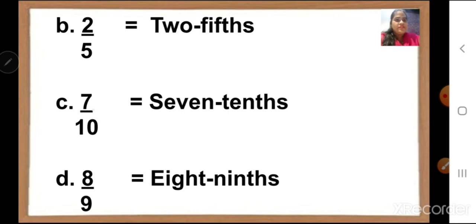Next is 7/10, because there are 10 equal parts. D1 is 8/9. Correct? Write the correct spelling, children.